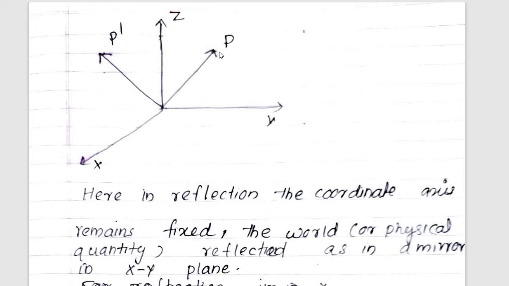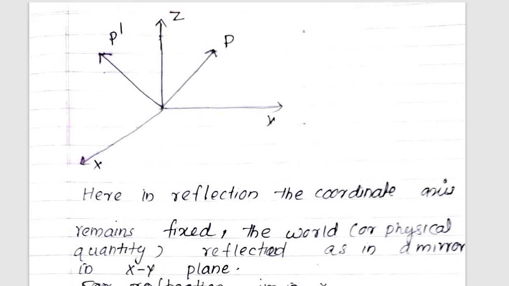So when we observe the component of p which transforms under this reflection, we can easily say that the reflection is in the xz plane, not the xy plane. In the case of p, px and pz will not change under reflection, but py changes its sign. Here py changes into minus py.